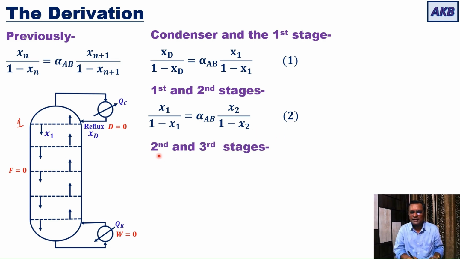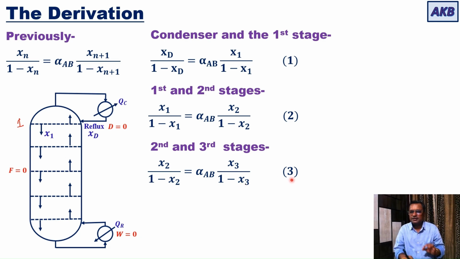And now you can easily understand how the equation can be written for the second and third stage. So now the equation will be written as X2 upon 1 minus X2 is equal to alpha AB into X3 upon 1 minus X3, and now I am calling it equation number 3.